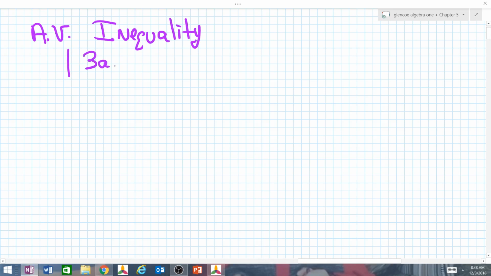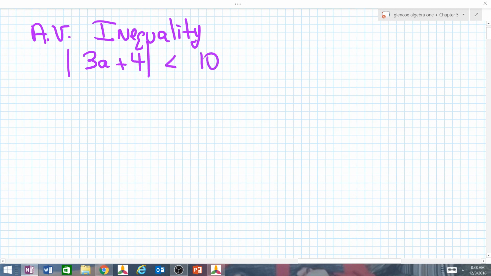Let's do example number 1. So let's solve an absolute value inequality. My first one is going to be the absolute value of 3a plus 4 is less than 10.